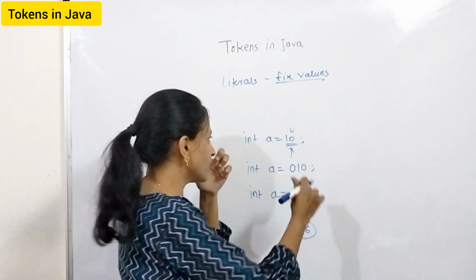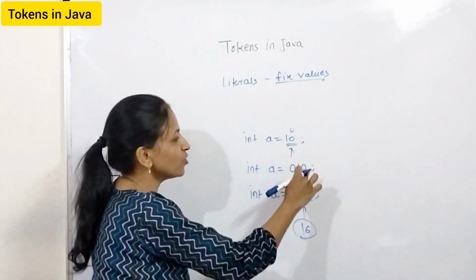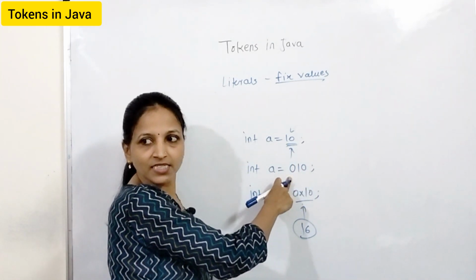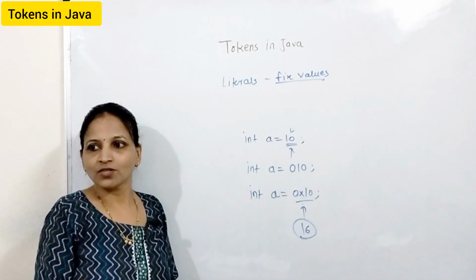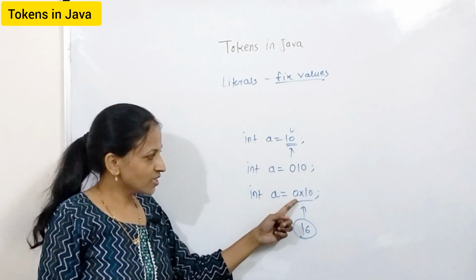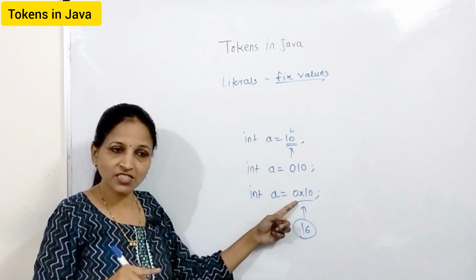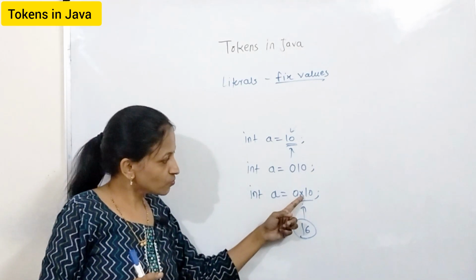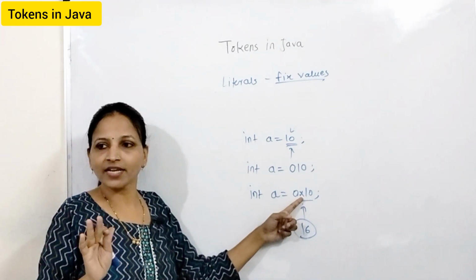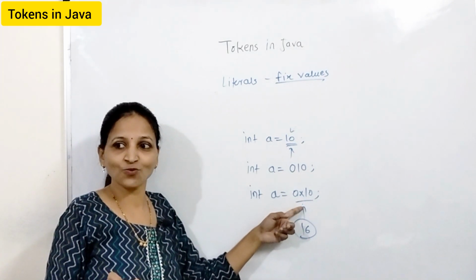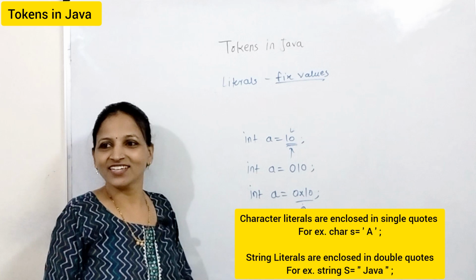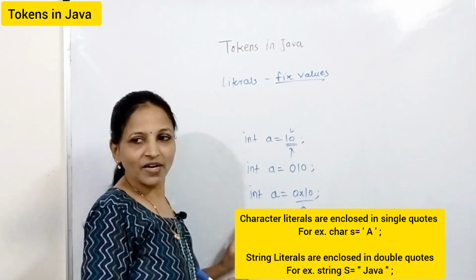Octal values should be represented like this, and in octal only digits 0 to 7 are allowed. For hexadecimal, you have to start with 0x. You can use x small or capital, either one. Only in this case is Java not case sensitive. Keep in mind these points.